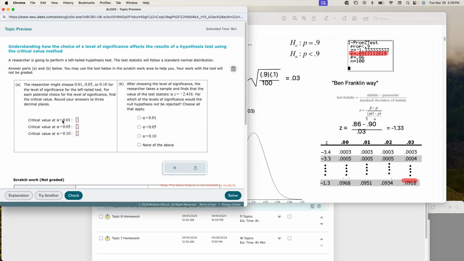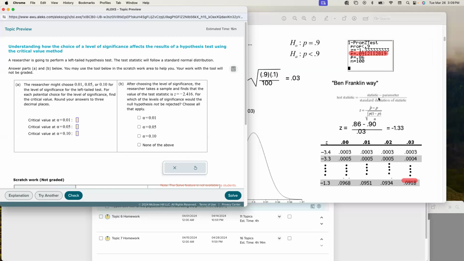This is just a way of interpreting this. Hey, there's a 5% chance I'm willing to take to reject the null when it's true, and then there's a 10% chance. So you can see that the larger those percentages get, the smaller the difference would have to be. And to get down to 0.01, these differences have to be bigger between the statistic and the parameter. That's kind of the thinking here.